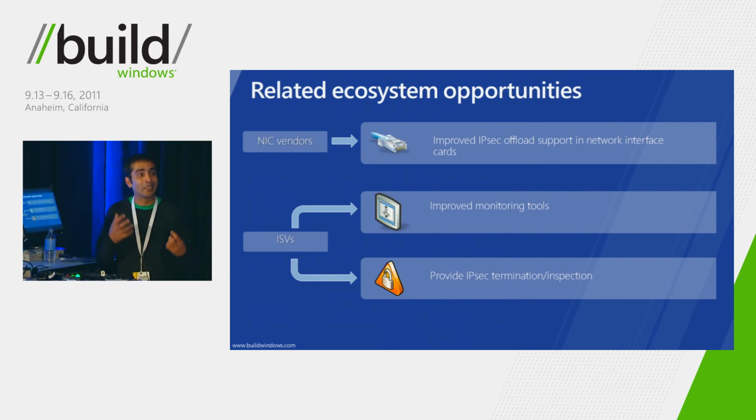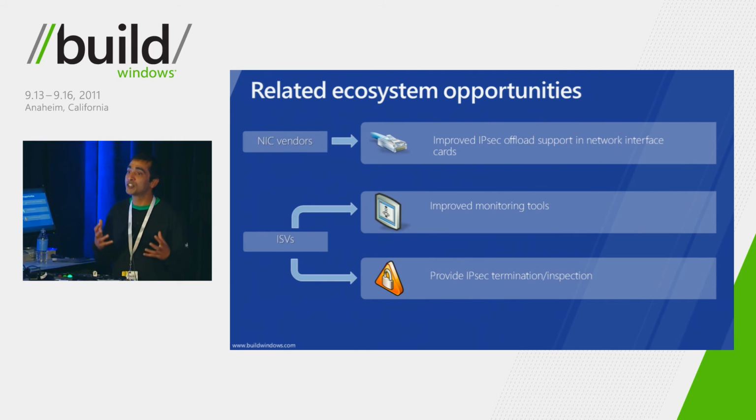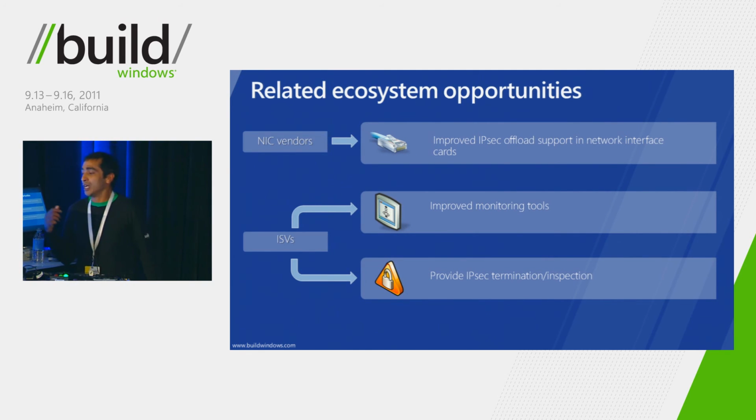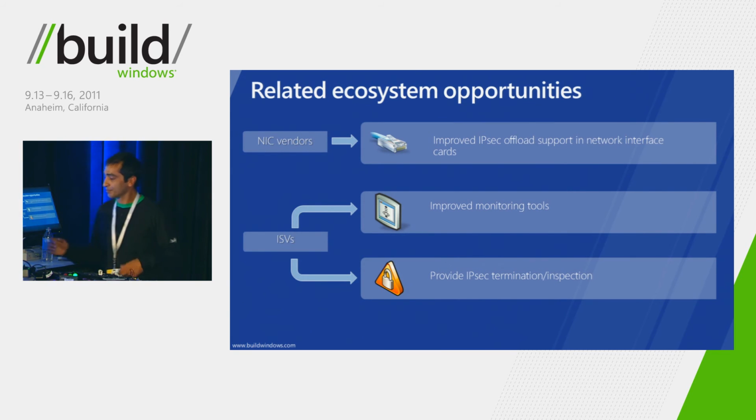This greatly improves the CPU and throughput on the remote access appliances. And secondly, for the ISVs in the audience, there is a huge opportunity to build improved monitoring tools and provide IDS, IPS type functionality for IPsec inspection and traffic shaping.